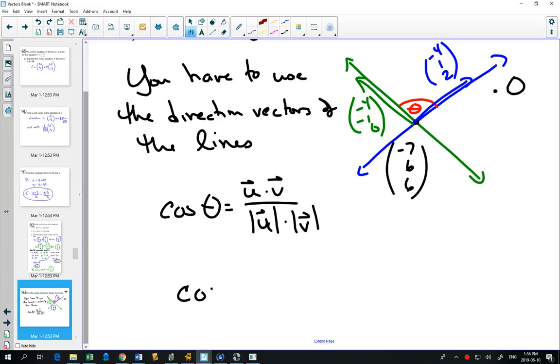So cos of theta equals, remember the dot product is multiplying components and adding them up. So negative 4 times negative 4 is 16, minus 1, plus 0 is 15.